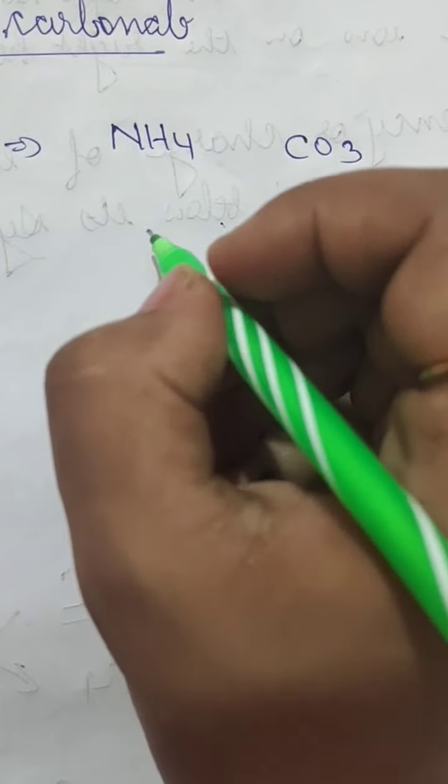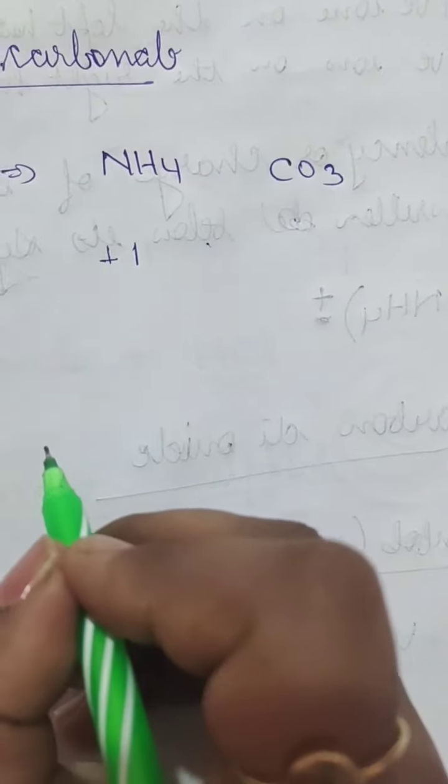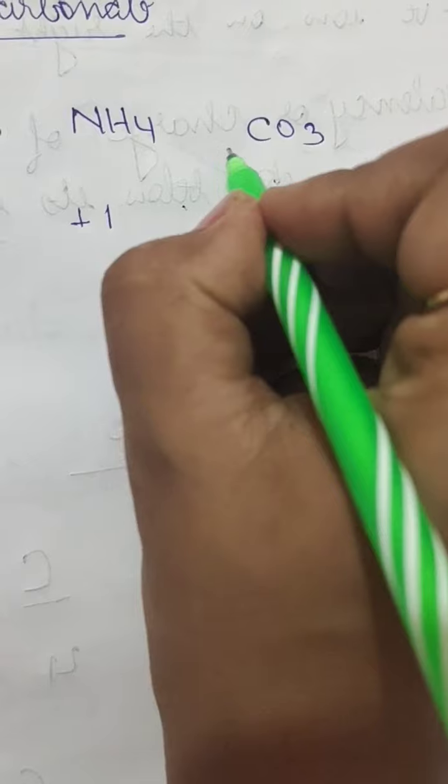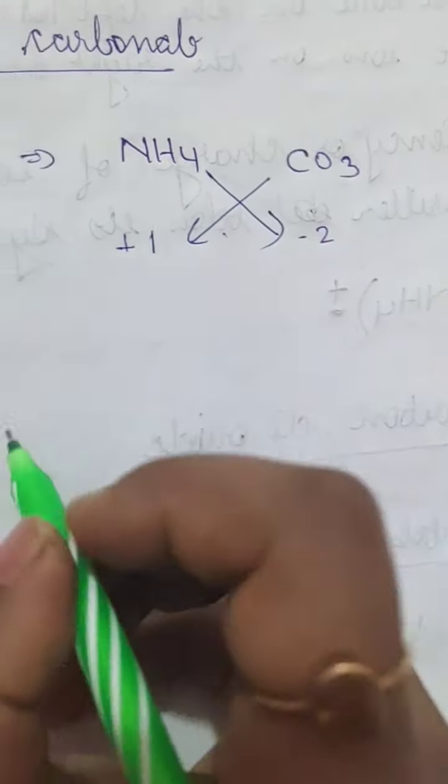So carbonate is CO3, and the valency of ammonium is actually +1, so +1 has to be written on the left-hand side, and the valency of CO3 is -2. So we will again cross-link them.